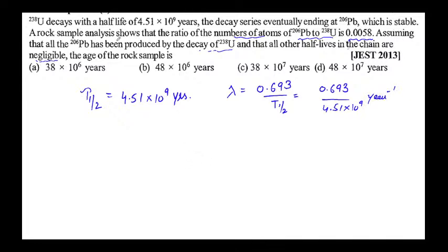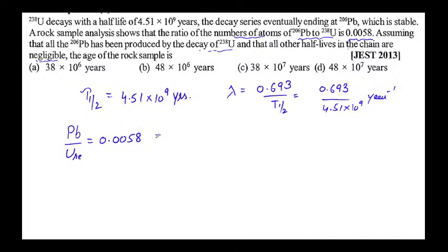If you read the statement carefully, it is saying that the ratio of number of atoms of lead to uranium is 0.0058. So in the rock sample analysis, the sample has been taken later. In that case, the ratio given to us is lead over uranium which is remaining at that time, when the sample is collected, so the ratio is 0.0058.